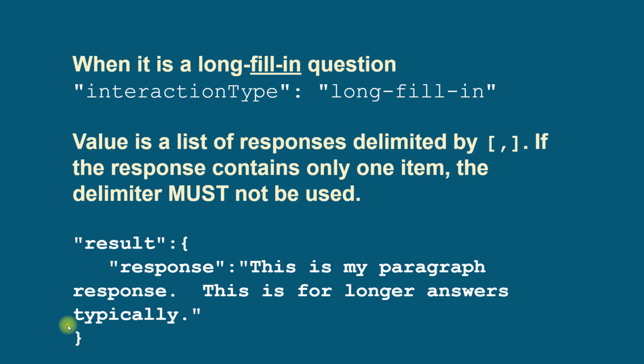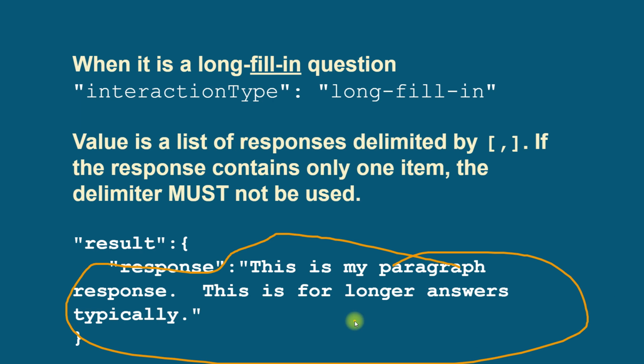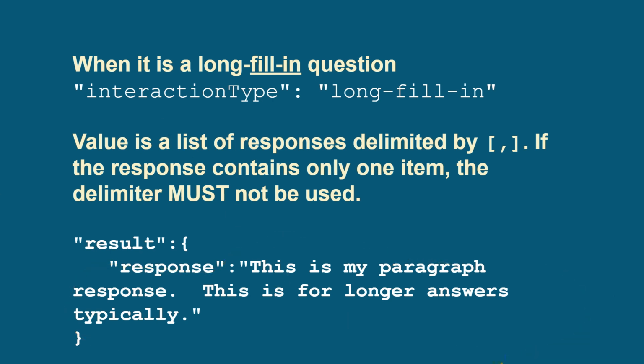Not so in xAPI. So these can be used interchangeably. Your organization may choose to use fill-in if you have a single text box, and long fill-in if you're using a more comment-style box where there could be many lines of text. I just pointed out that this is a little bit of a longer answer, but that line is fuzzy. It's not defined in the specification.